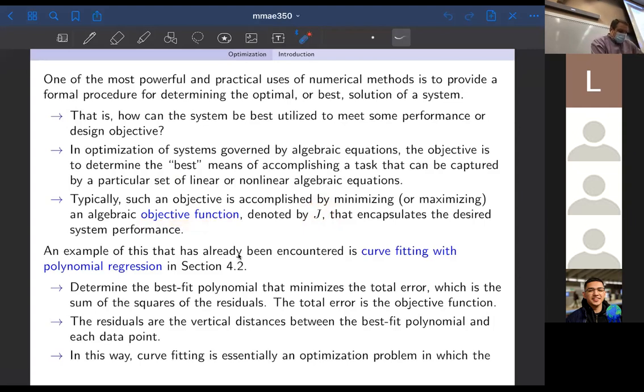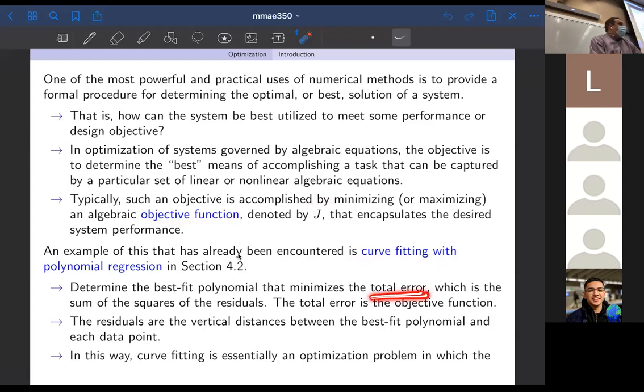We've actually already seen an example of optimization in the context of curve fitting. We did not necessarily use that terminology when we discussed curve fitting, but it is a true optimization problem in the sense that we were given a set of points. We defined the total error, which was the sum of the squares of the residuals. That was our objective function.